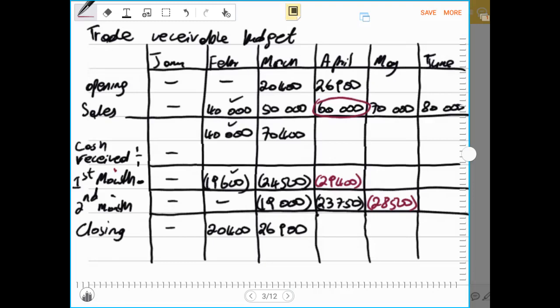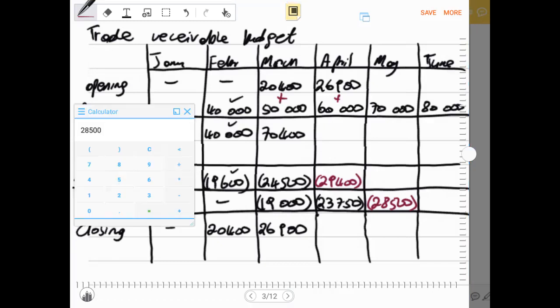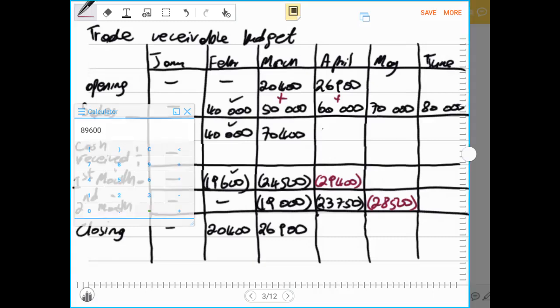Therefore now we say 60,000 plus 29,600. 60,000 plus 29,600 gives us 89,600.